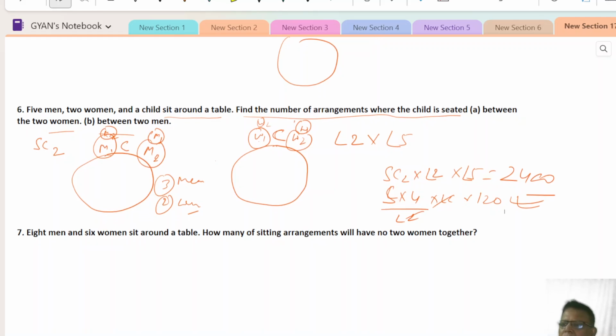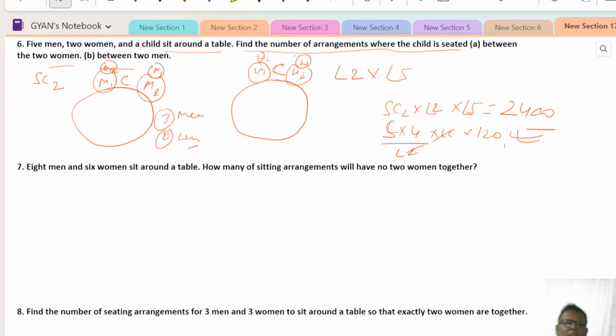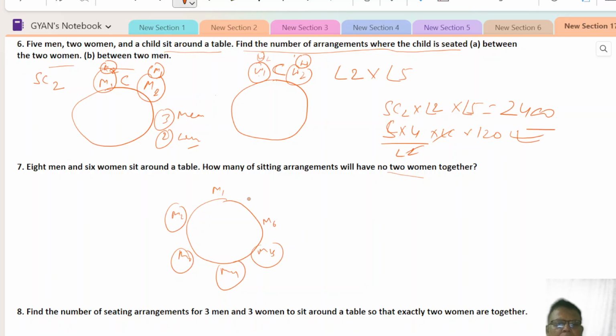Now come to question number 7. 8 men and 6 women around the table. How many sitting arrangements will there be so that no 2 women are together? So first fix the 8 men. So 8 men, 1 man, 2, 3, 4, 5, 6, 7. So how many ways?